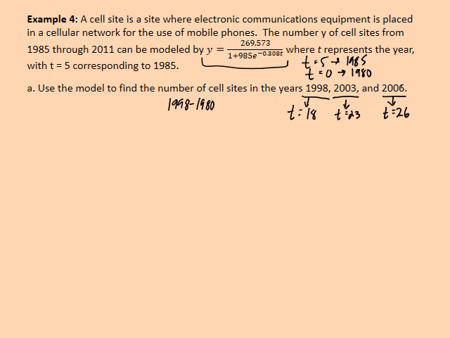Now, you are going to plug this value into your calculator. So you're going to say y equals 269,573 divided by, now you need to have parentheses in the denominator or this will mess everything up, 1 plus 985 e to the negative 0.308 thousandths times t, so t in this case is 18, and then you have to close your parentheses.